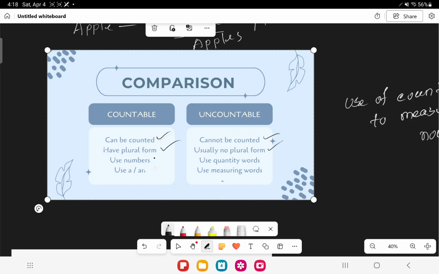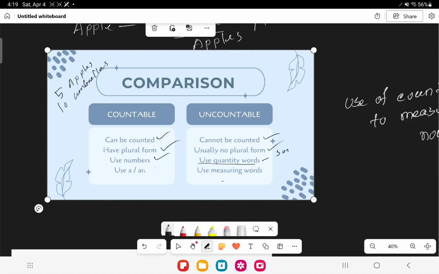We use numbers like 5 apples, 10 umbrellas. We use numbers before countable nouns, and we use quantity words before uncountable nouns.